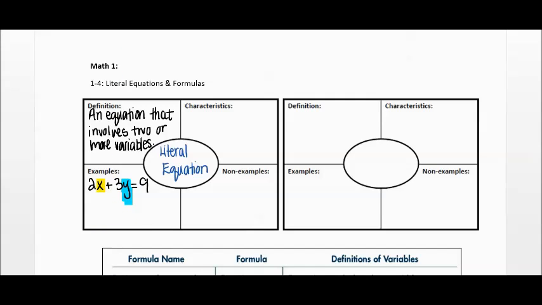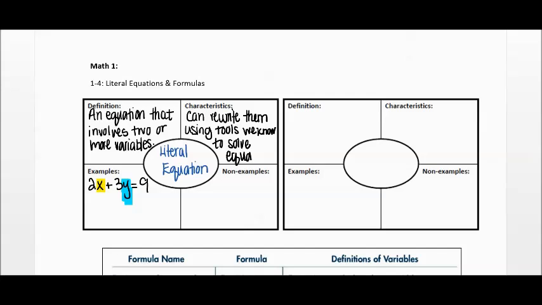Now, in an equation like this, we cannot solve for just one number for each. I can't tell you what x equals and y equals, because it could be lots of things that would work for both. What we do with literal equations, and we're going to write this in the characteristics section, is we can rewrite them using tools we know to solve equations, because they're still equations.